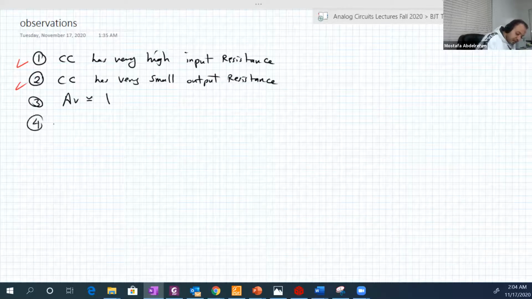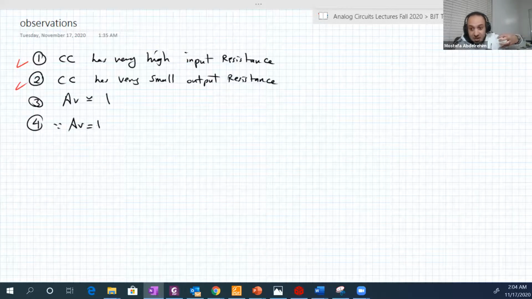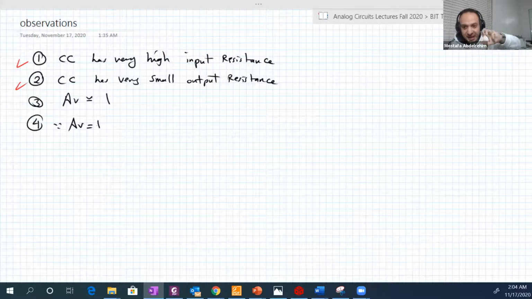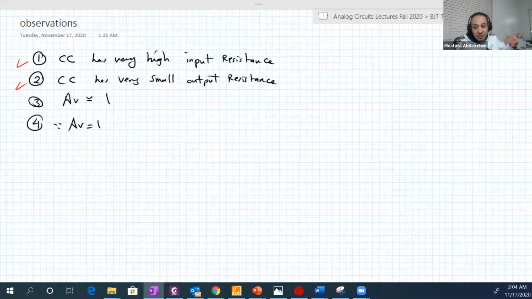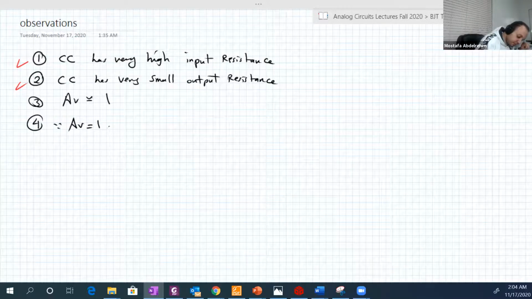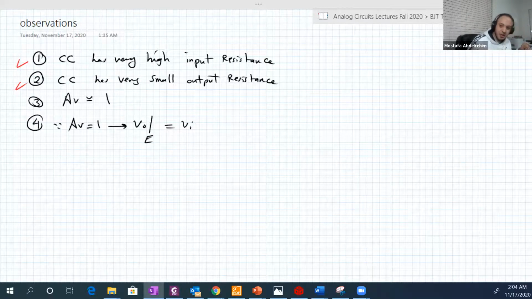Based on that, since AV is equal to 1, and remember, the output is at the emitter, and the input is at the base. So if the AV is equal to 1, that means that VO is equal to V input. VO, which is at the emitter, is equal to V input.